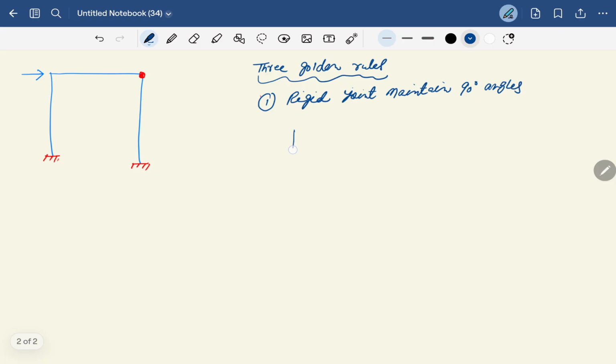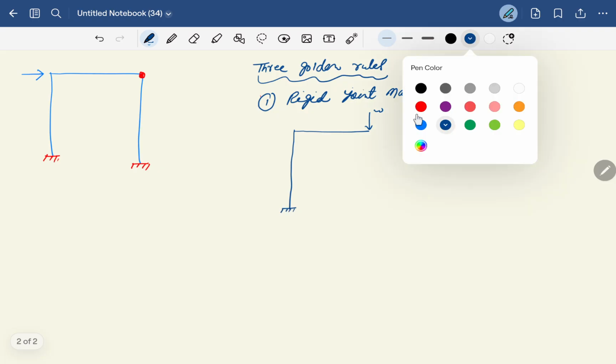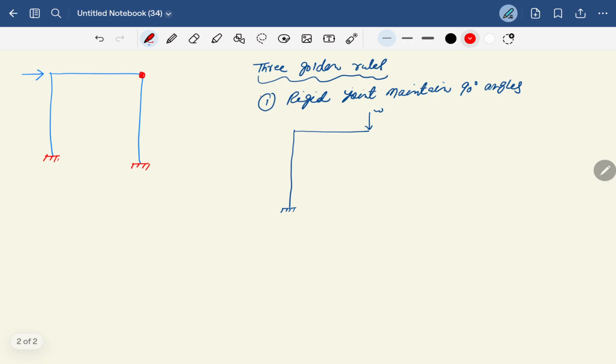See, suppose that this is your structure and here you are applying a point load, and this end is fixed. So when there is a deflected shape of this, it will be like this, okay. So this should be 90-degree.